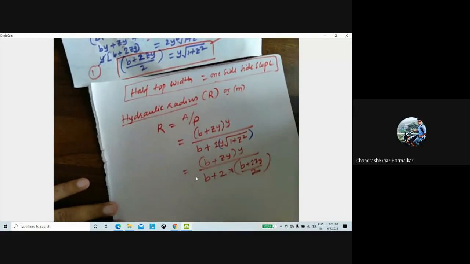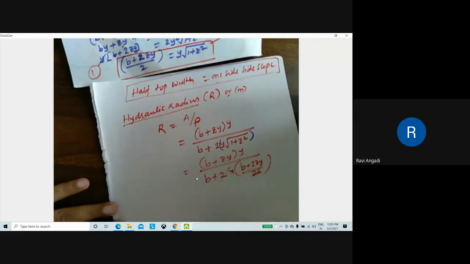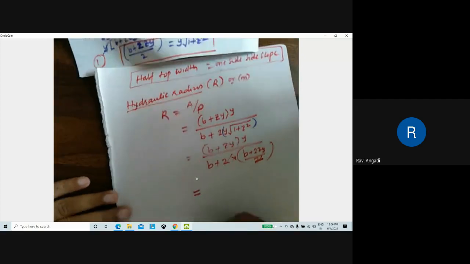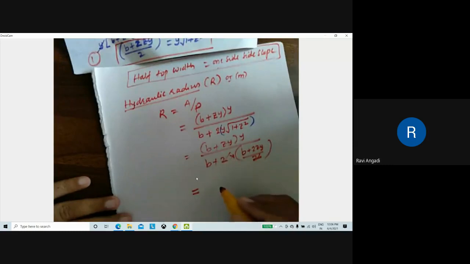Yes, sir. Then this 2 gets cancelled. What do we get finally? Tell me. B plus ZY into Y divided by B plus this B and this B, 2B, right? 2B.